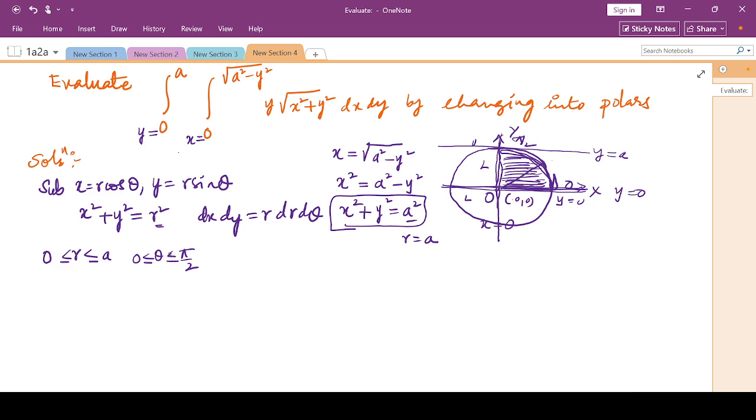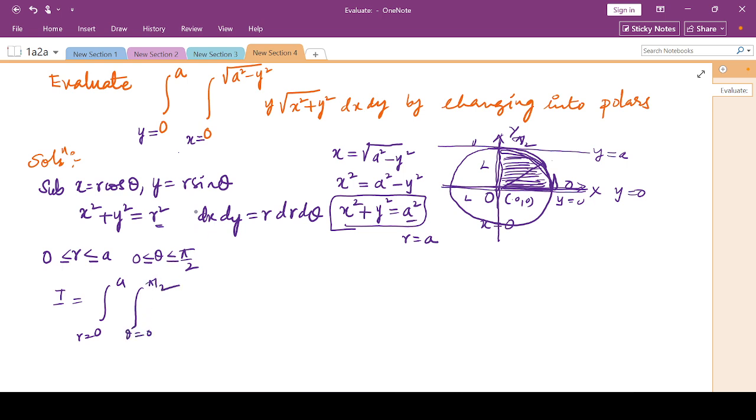Okay. Now let us write the integral again. I is equal to, either write r first or theta first, it doesn't matter. So first I will write the r value. r runs from 0 to a. Then theta runs from 0 to pi by 2.